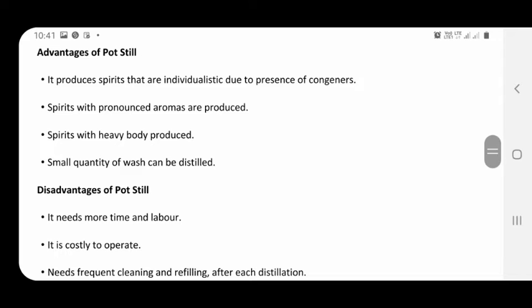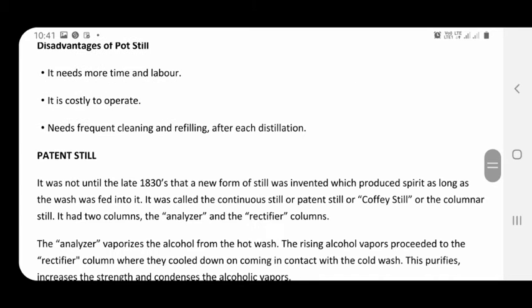Next are the disadvantages of the pot still. It needs more time and labor. It is costly to operate. It needs frequent cleaning and refilling after each distillation. These are the disadvantages. Now we come to the patent still method.